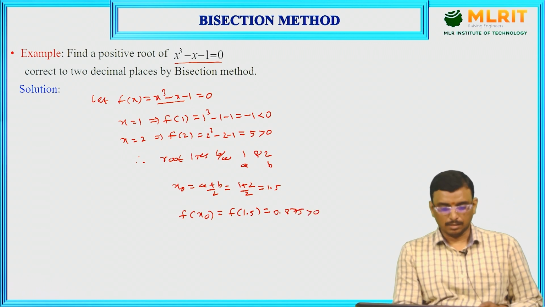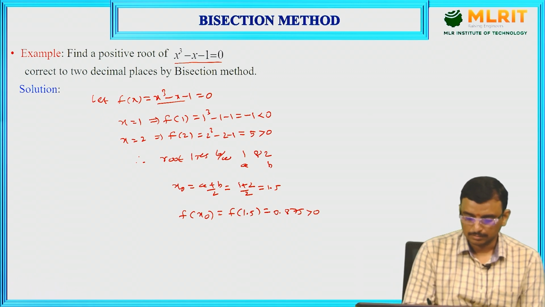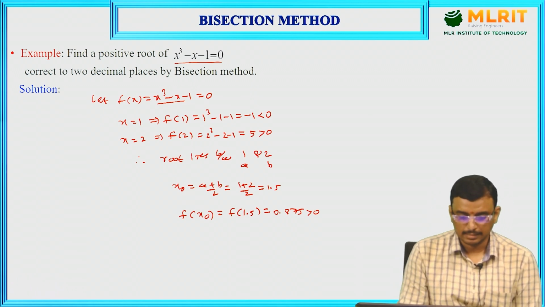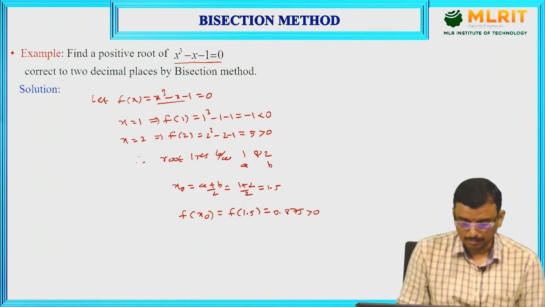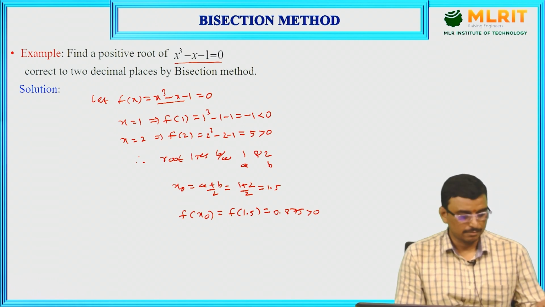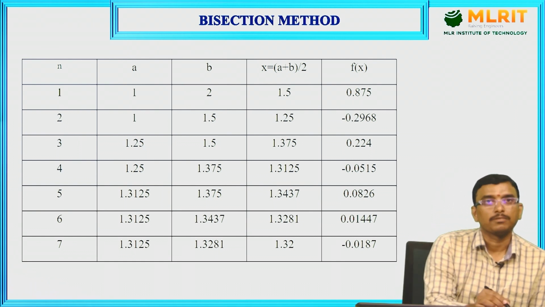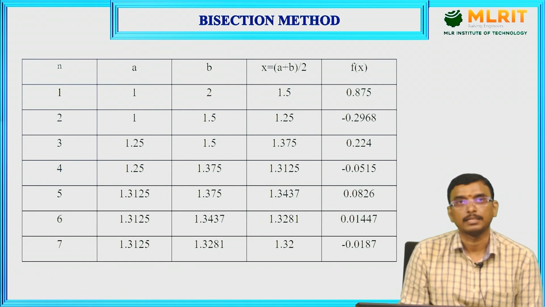Now we have to choose the opposite signs. Here f(1.5) is greater than 0 and f(1) is less than 0. Now the root lies between 1 and 1.5. This we can see through the table. Here n is the number of iterations, and a and b are the initial guess values.